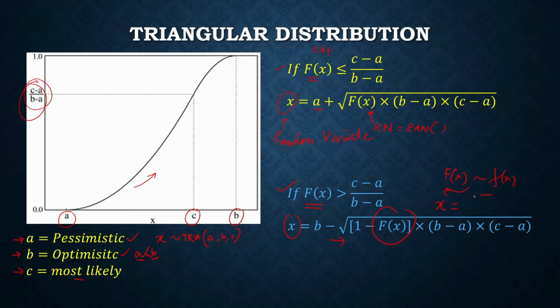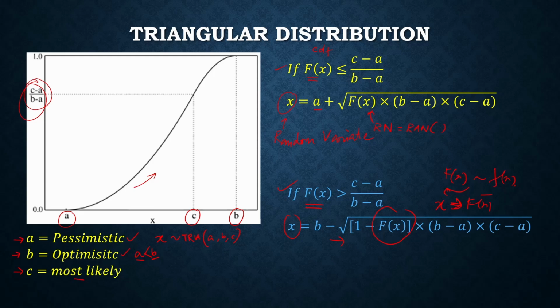That means x is in terms of Fx. I hope this is clear. X expressed in terms of Fx. So that much calculation they have done, and these two formulas we have to readily use. So that's all about the theory part.